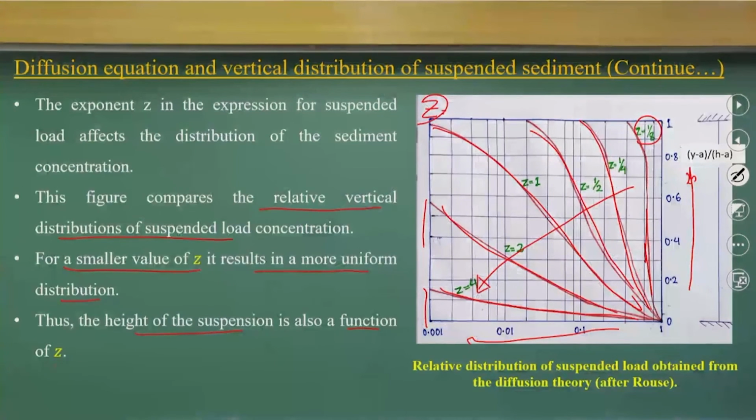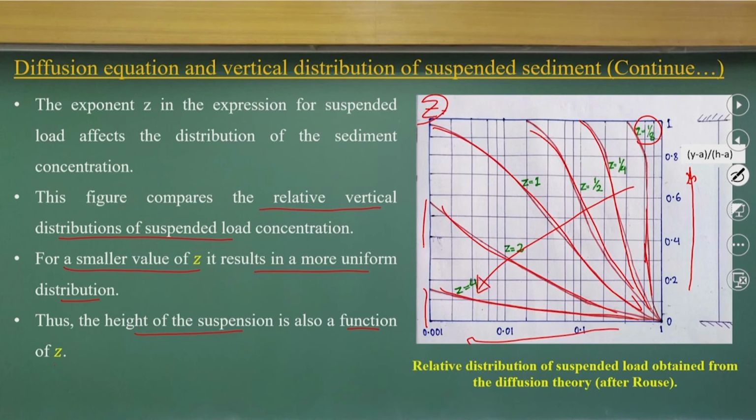Z indicates the ratio between the settling velocity of the sediment particles and the shear velocity, and that is what represents how the vertical distribution of sediment concentration will change as we change the Z values, which is an analytical solution.